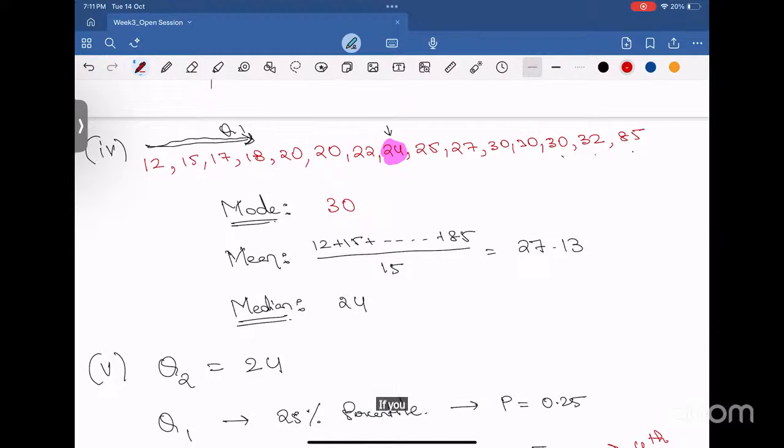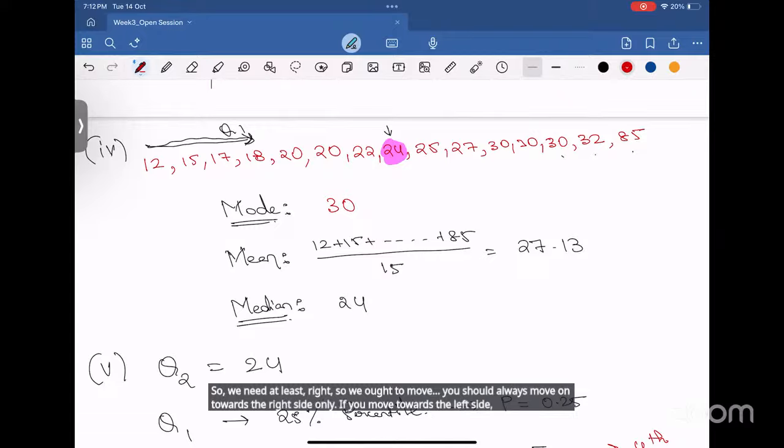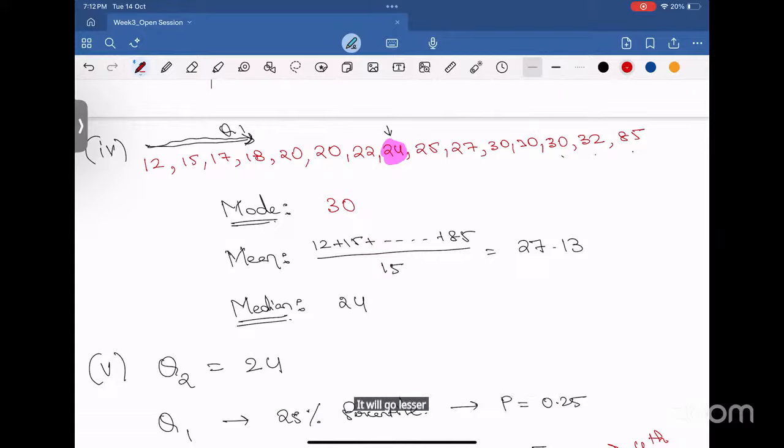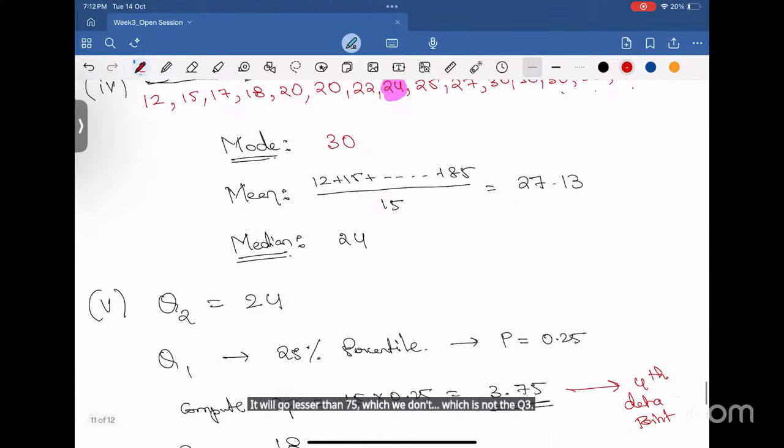If you choose 11, then 75% of the data will not be lesser than that. So we need at least 75%. Since it is coming at 11.01, we should always move towards the right side only. If you move towards the left side, it will go lesser than 75, which is not Q3. Okay, got it. Thank you.